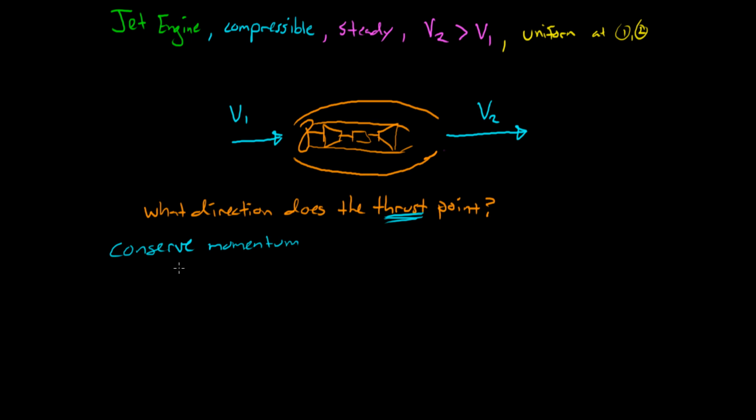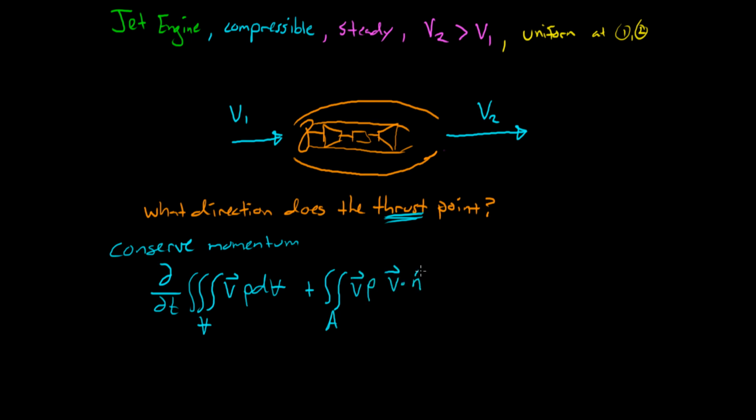And so we start by writing out the momentum equation: d by dt, integral over the volume of velocity vector times rho d volume, plus integral over the area of the velocity vector times rho times velocity dotted with the normal dA, and that's going to equal the sum of the forces, remember, acting on the fluid.